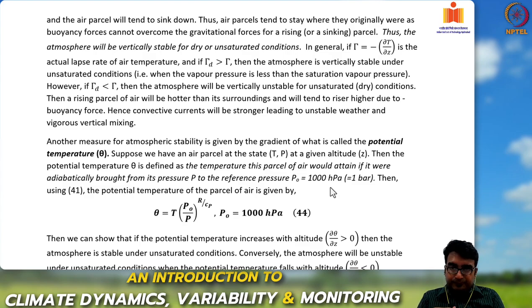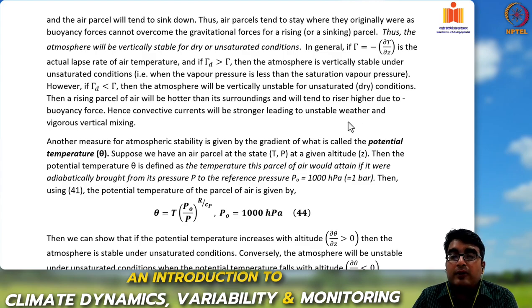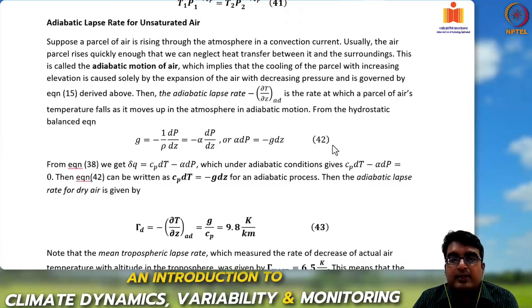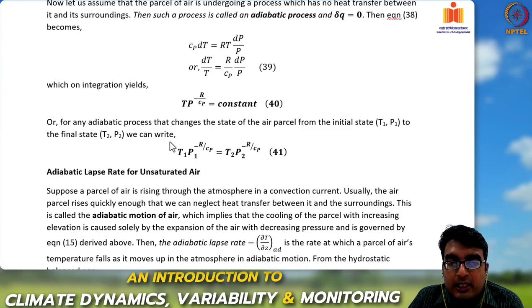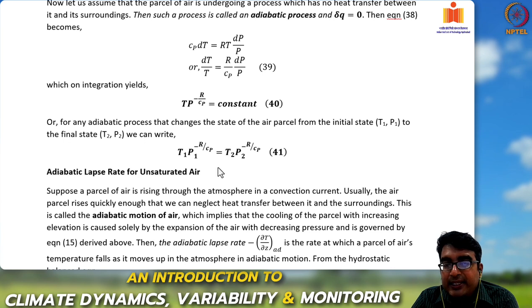Okay. Now, if you recall from the previous class, we evaluated the expression that in an adiabatic process on an ideal gas, the initial temperature and initial pressure and the final temperature and final pressure are related by this relation. In our case, the initial temperature is T, the initial pressure is P, the final pressure is P0 and the final temperature is theta.